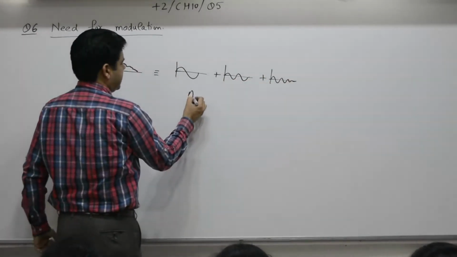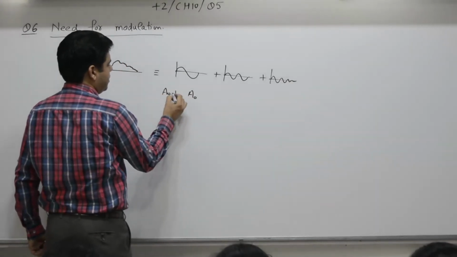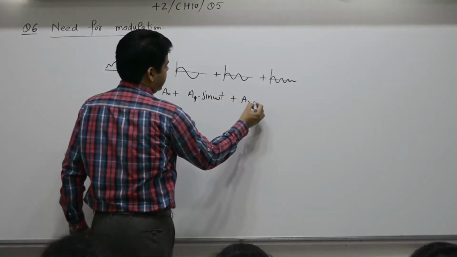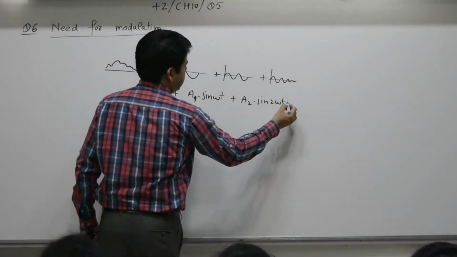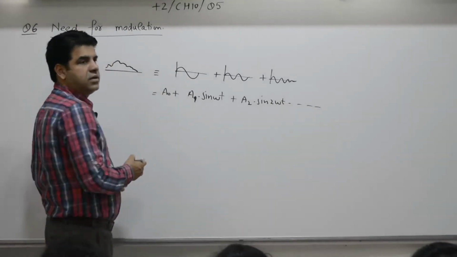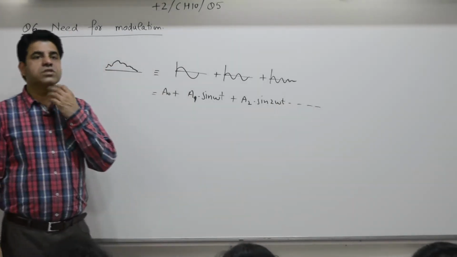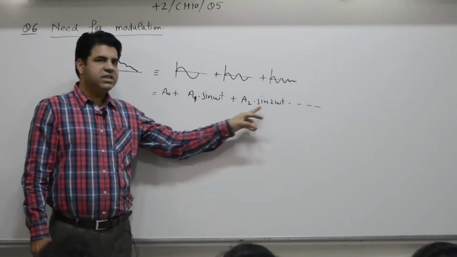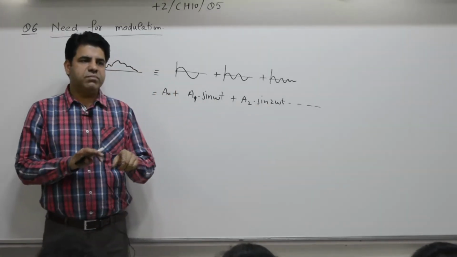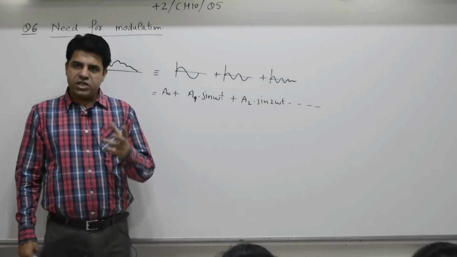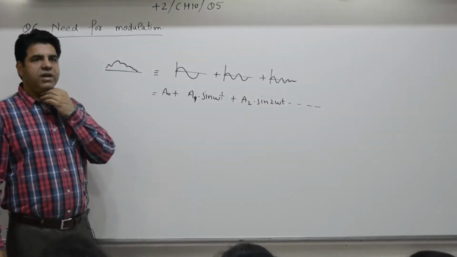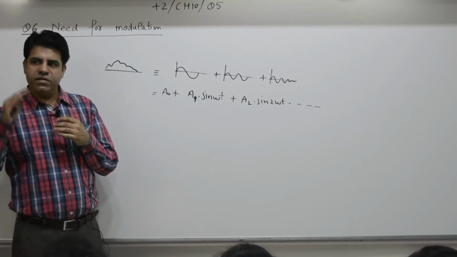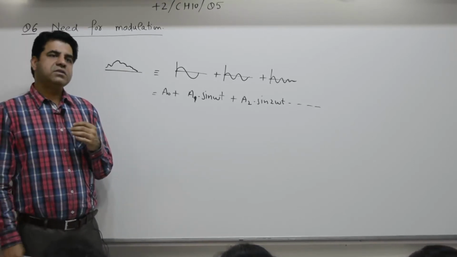You term this as A naught plus A1 sine omega t plus A2 sine 2 omega t and so on. Every individual's voice also has these harmonics. That is how, when I say a word, say fan, and you say fan, there is a difference.